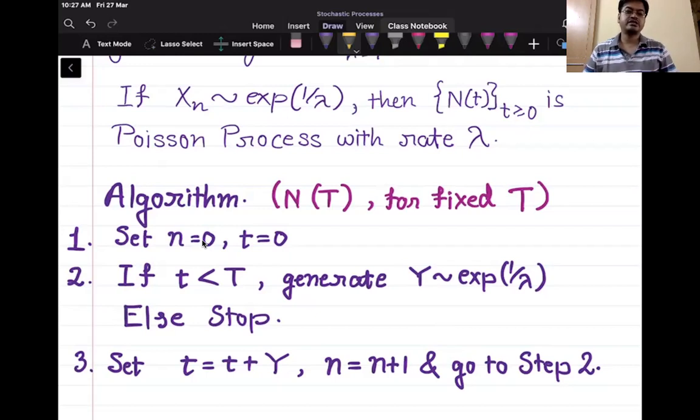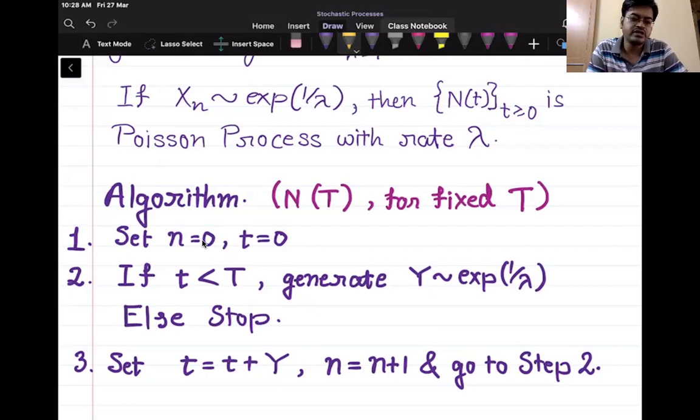As mentioned here, Xn follows exponential with mean 1 by lambda. So I will simulate a random variable Y with mean 1 by lambda. Before simulating that random variable, you have to check whether t is less than capital T. As we are starting initially, t will be less than capital T.